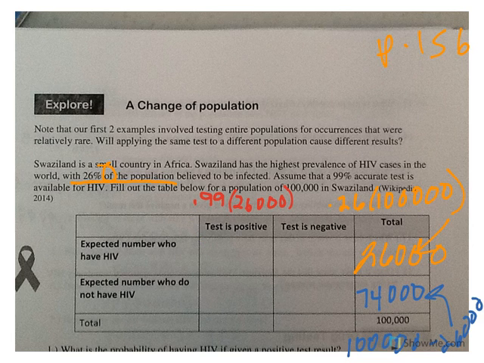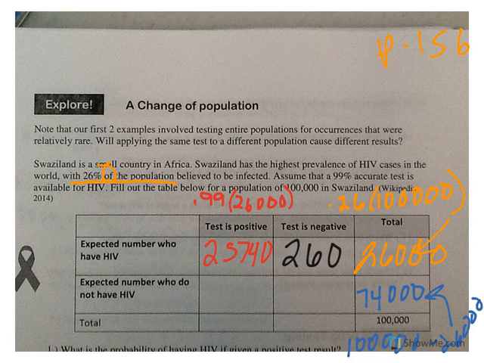So the number that will test positive is 25,740. That means 260 will test negative for HIV. Remember, going across, those two have to add together to get 26,000.